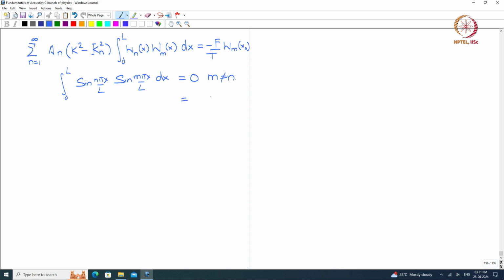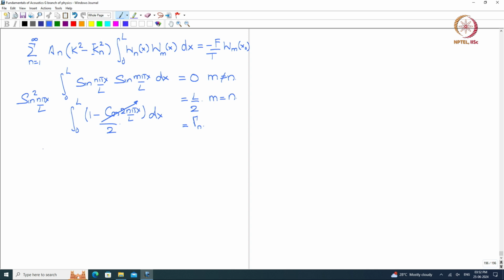And when m is equal to n, I have sine square n pi x by L, which is integral 0 to L (1 minus cos 2 n pi x by L) by 2 dx, and the cosine term integrates to 0 over 0 to L. So I get L by 2. I will not write L by 2, I will call it gamma n.